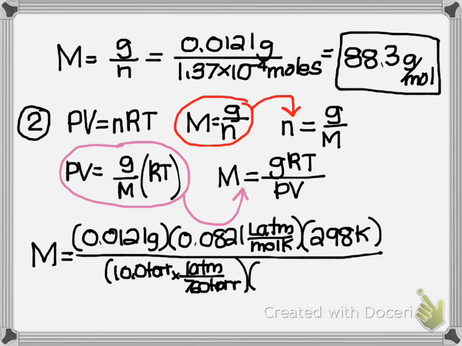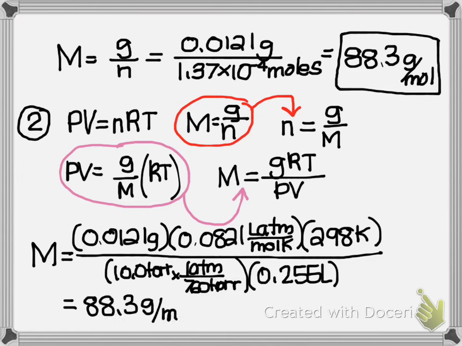And then the volume for this sample was 255 milliliters, so I have to put that in liters. If you do all the math here, you get the same answer of 88.3 grams per mole. So again, this is two ways to solve the same problem.